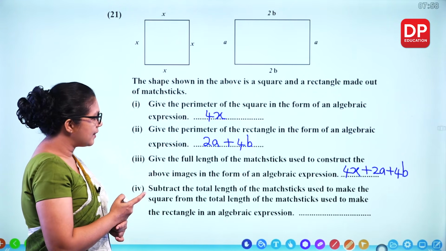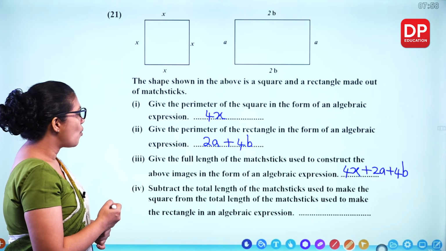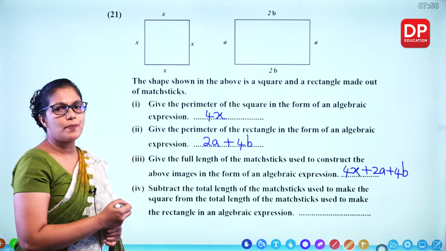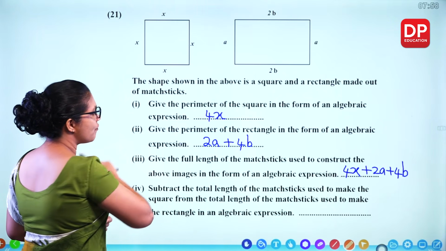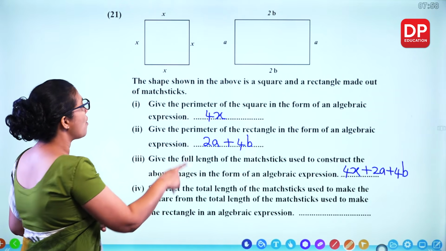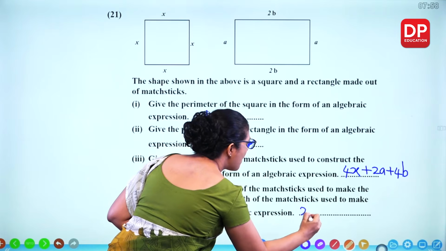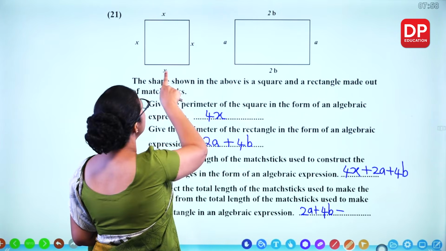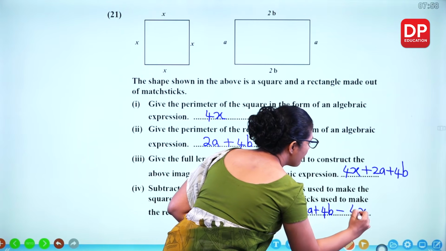Subtract the total length of the matchsticks used to make the square from the total length of the matchsticks used to make the rectangle in an algebraic expression. So you have to subtract the length of matchsticks used to make the square from this one. So what's the total here? 2A plus 4B, and subtract the length for this one, that's 4X.